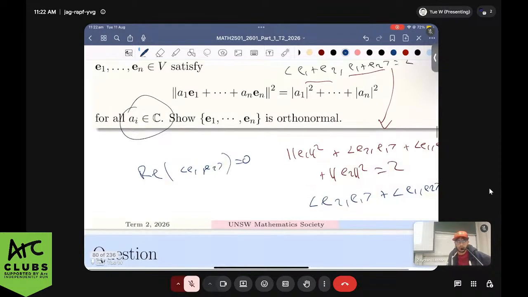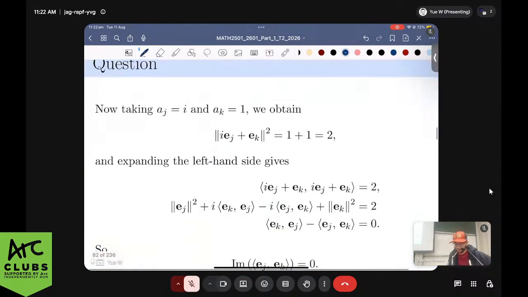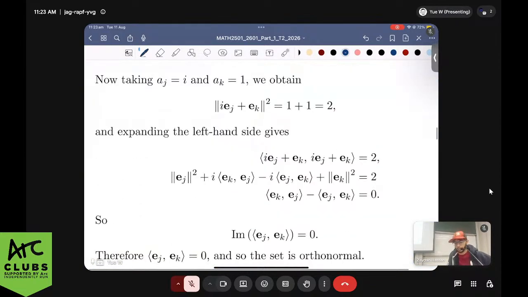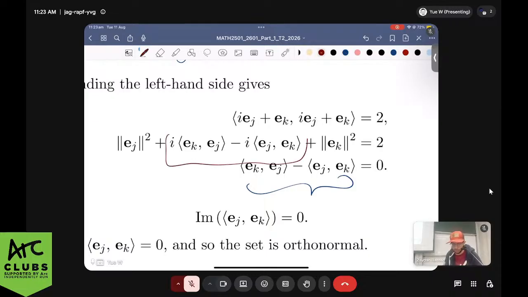If you take A1 equals i, this one is in general for j and k, but if you take one of the scalars to be i and the other one to be 1, you can expand it out and you get this. This time we actually get a negative sign. By the way, I'll go into this in a bit more detail.